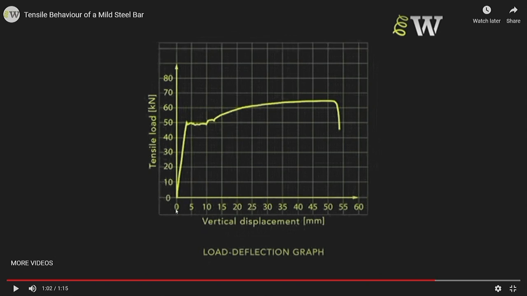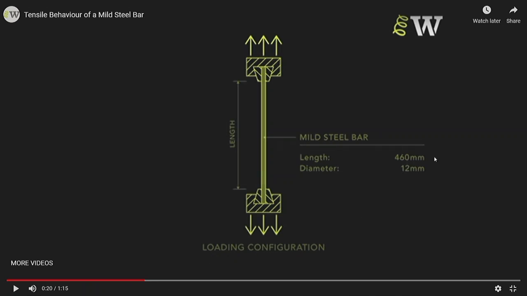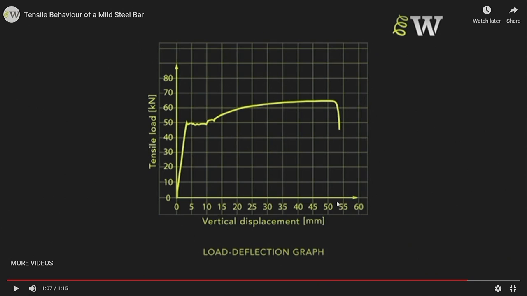Now you could see the amount of displacement this mild steel specimen goes before it fails. In this case, the dimension was 460 millimeter length and 12 millimeter diameter.